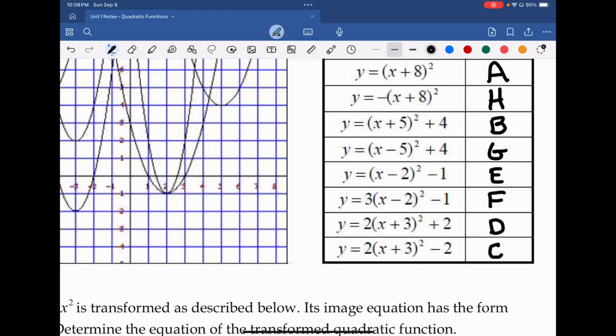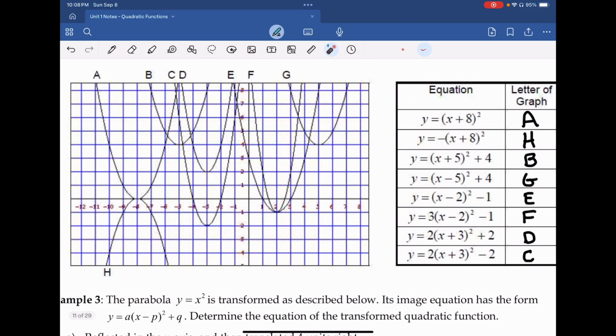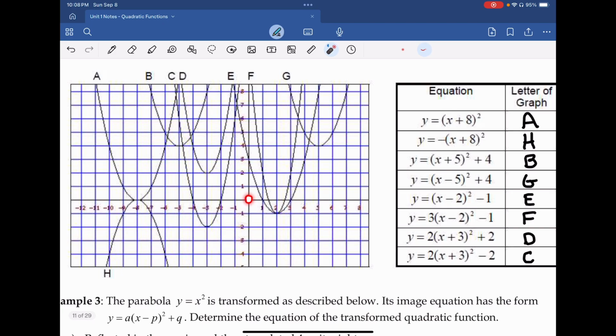Excellent. Okay, we've filled these all out. So you can clearly see how even when we mix them all together, it still is quite easy to identify them. Even if there's like 10 different graphs all put together, you can quickly work out which graph is the appropriate graph based on if there are stretches, reflections, or translations that put it in a certain position. And what I would always think about when you're dealing with these graphs and matching them is what would happen to the original 0, 0 point?